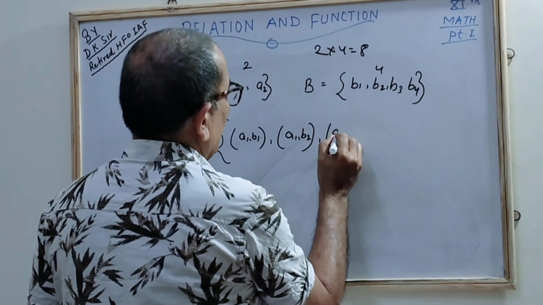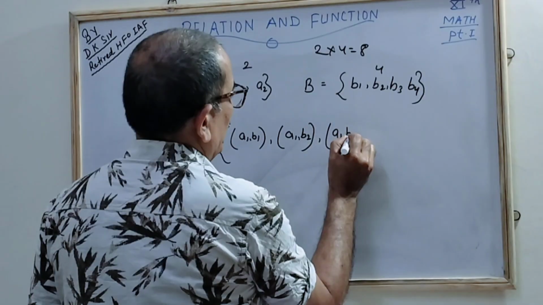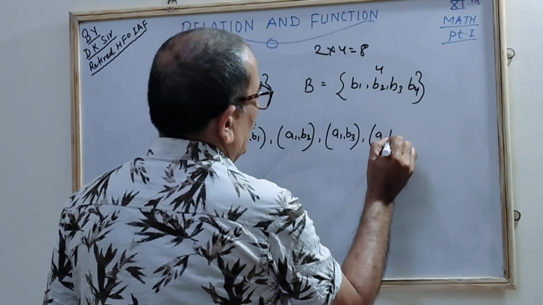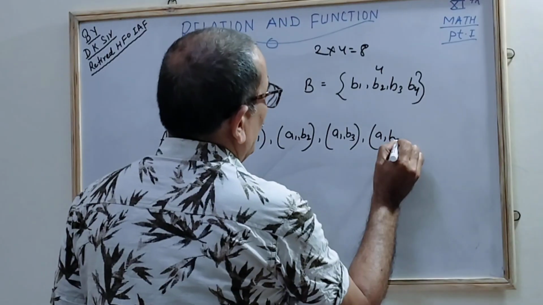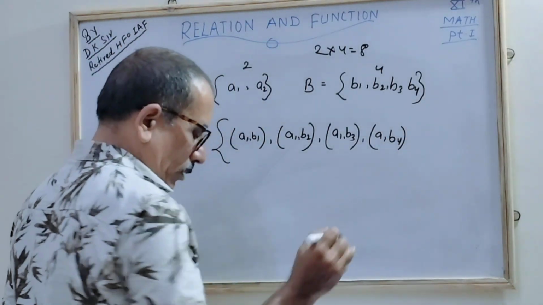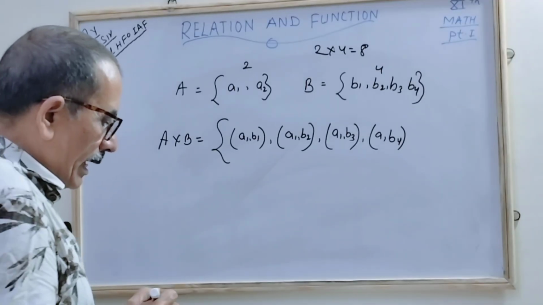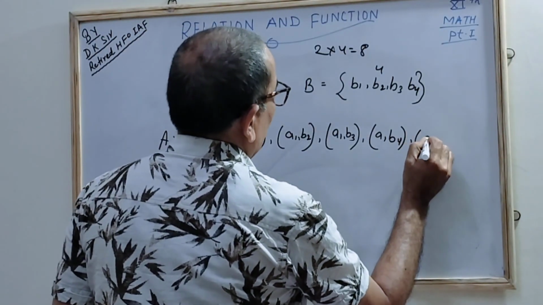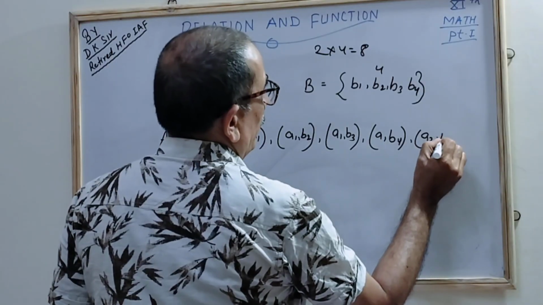Next A1, B3. The next A1 and this becomes B4. Understood? So that will be A1, B4. Then we'll start with A2, so it becomes A2, B1.